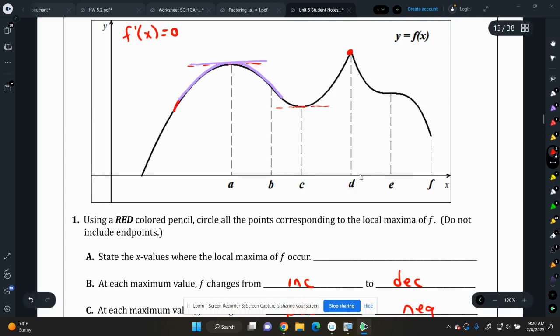F went from increasing to decreasing. F prime is the slope of the tangent line. So if you look at the slope of our tangent lines here, these tangent lines all have a positive slope. Once I get here, my slope of my tangent line is 0. And then after I go past there, look at all these tangent lines. They have a slope that is negative.